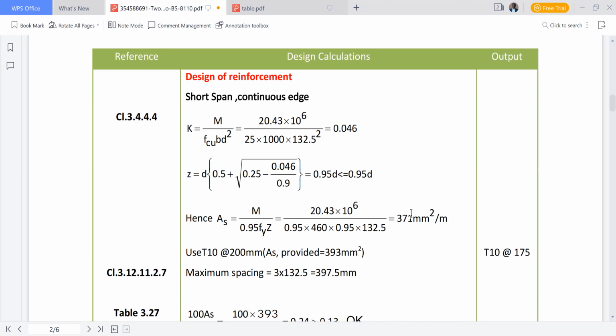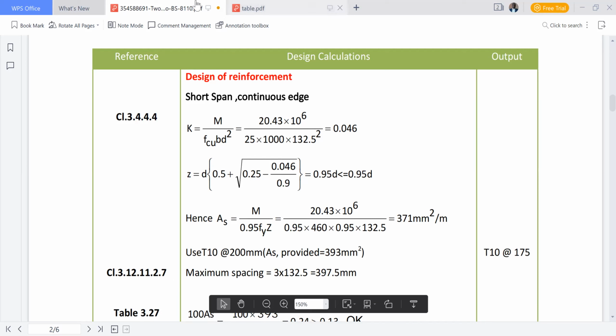But the spacing of the bar should not exceed the maximum, which is 3 times the effective depth. So when you go to the table, look for a value equivalent to 371 or slightly more than, and also the spacing should not be more than 397.5 millimeters.